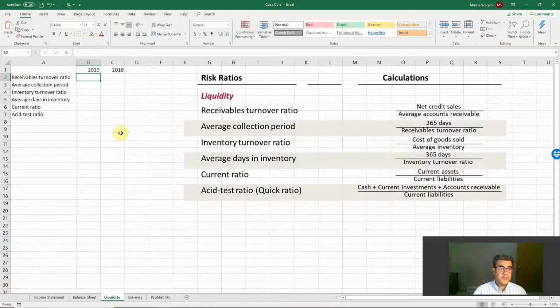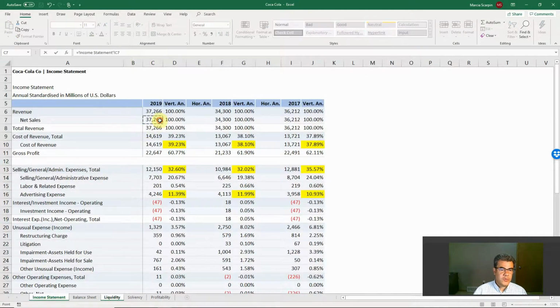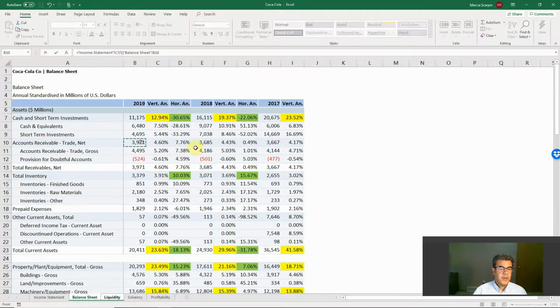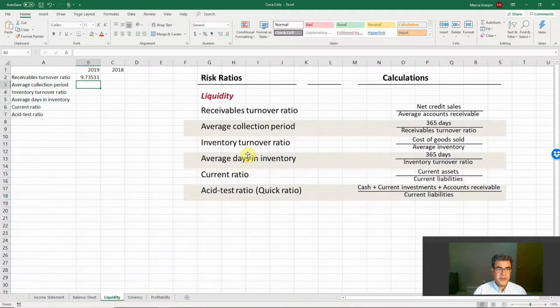Okay, that is good. Equal net sales divided by double parentheses here, 2019 plus 2018. Close the first parenthesis here, divided by 2 because we are working with the average number. Close the second parenthesis there.